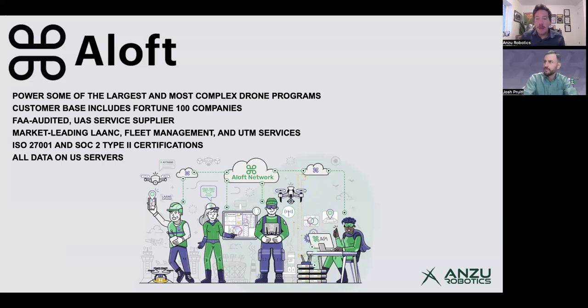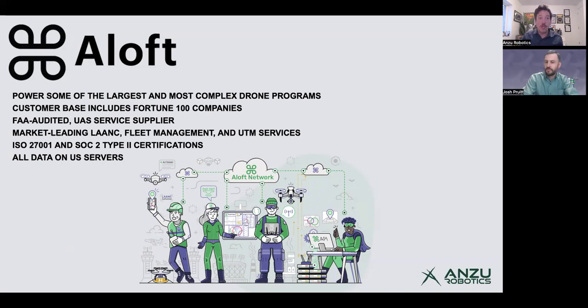We also want to note that the Aloft Air Control app is the native app that we use for Anzu Robotics. I will talk a bit later about third-party apps because there are a lot of questions about that. When you start up the controller, the way that you will do everything from starting your warranty coverage and your care coverage to doing your initial flights, the native app is this Air Control app. You will be unleashed to use other things, but I just want to make that clear.